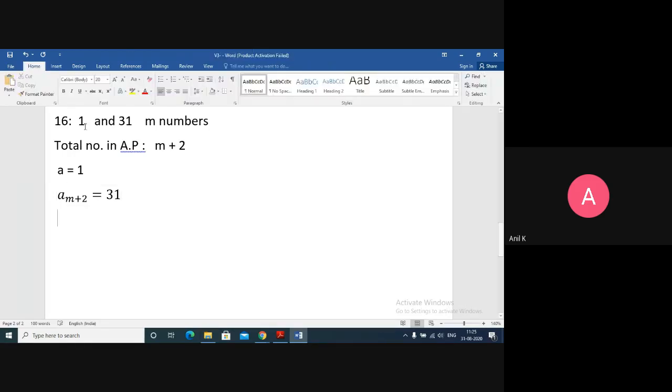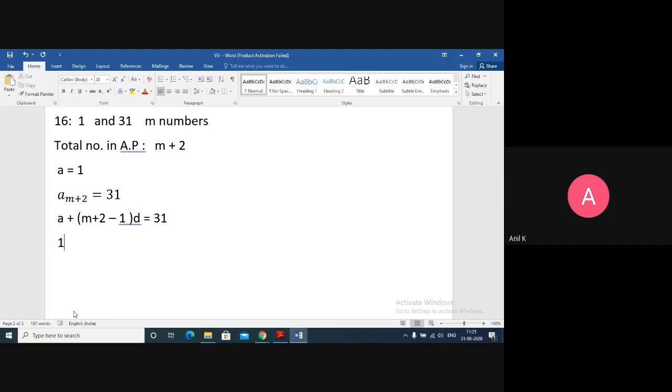So according to the formula, if I expand a m plus 2, the a n formula is a plus n minus 1, that is m plus 2 minus 1, into d is equal to 31. I know a value is 1.